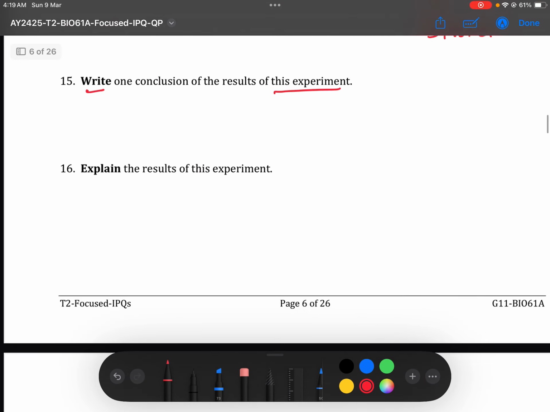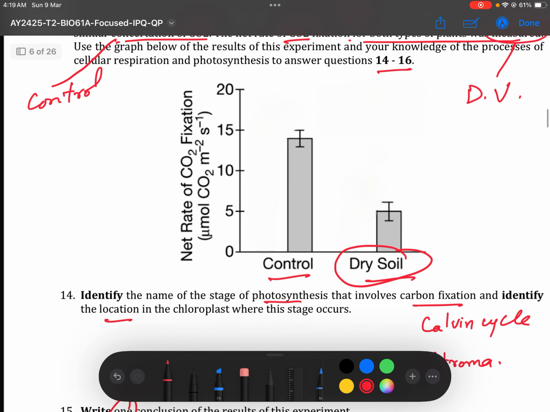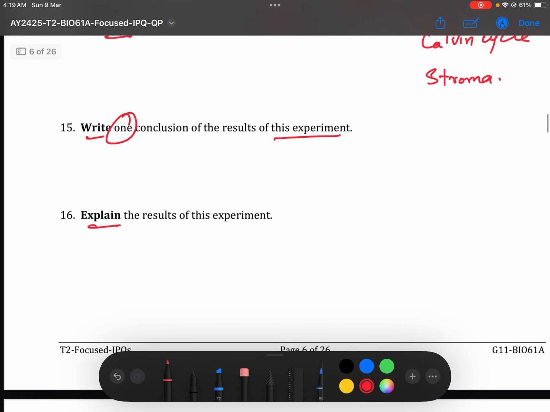Explain the results of these experiments. Now here it was one conclusion, but here you need to explain, for example, the plants which are either in wet soil or in dry soil, choose one. You have to be very careful what you are choosing. Don't mix up all, because we need to explain the results.